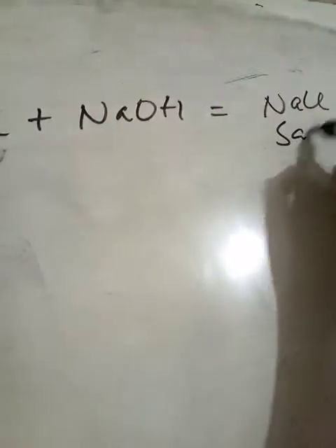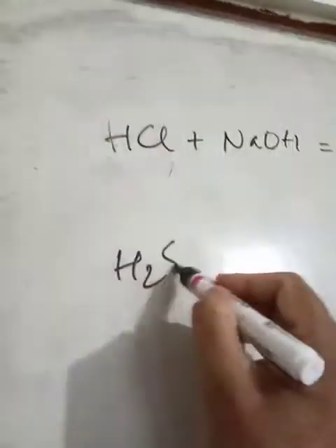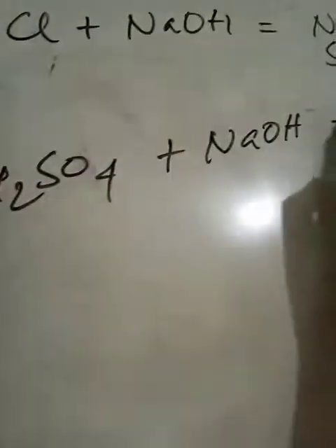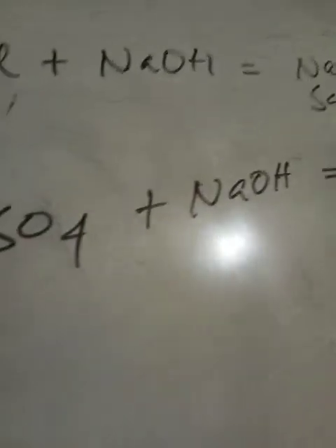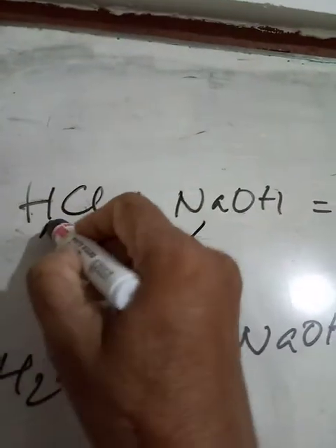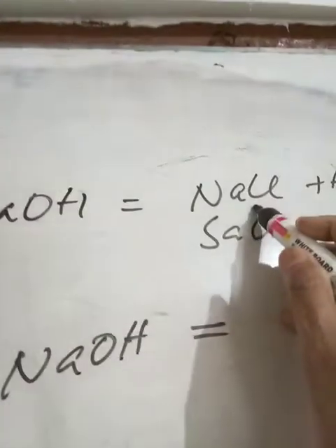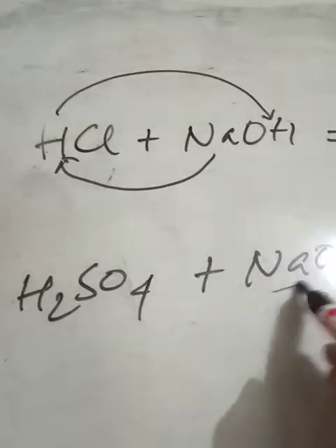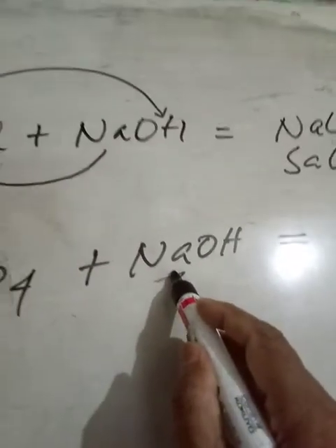This is a salt. Here also take H2SO4 plus NaOH. Here you see, in the first example, Na replaces hydrogen forming NaCl, and H being added to OH forming water. There is one monovalent sodium.